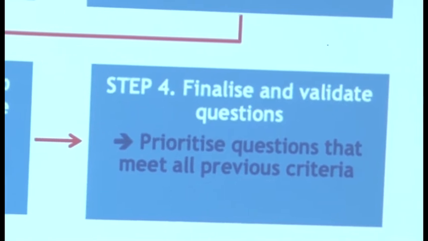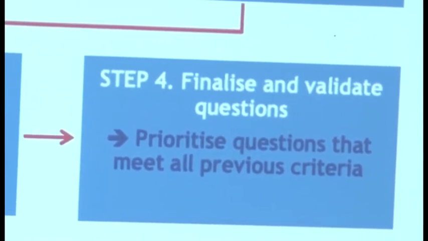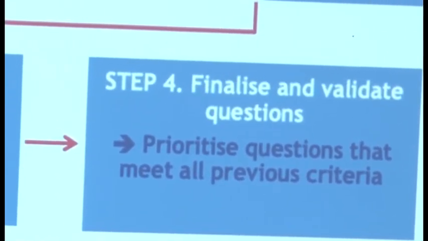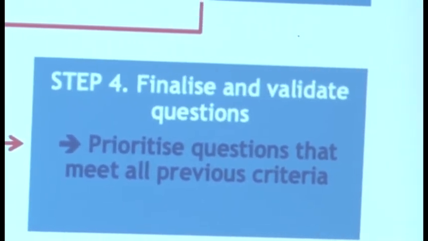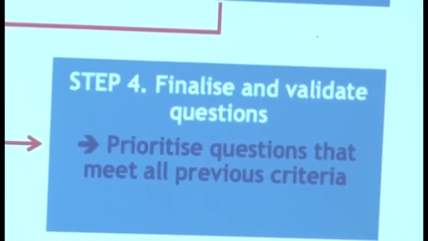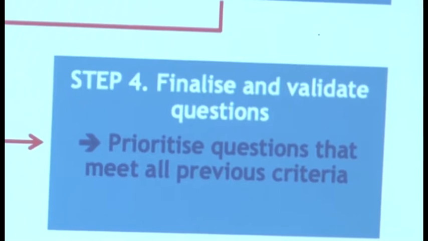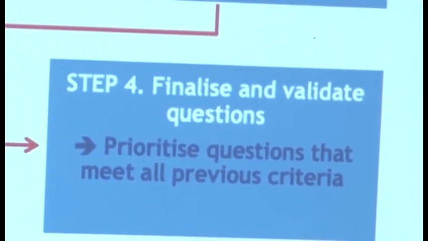And the last step is finalize and validate questions. Here we prioritize the questions that meet all the previous criteria. What that means is you could have started from this workshop with 20 questions. We could end up with 4 or 5 that meet the criteria, and those are the ones which will be answered first. Then the rest could be packed and brought out in another phase.